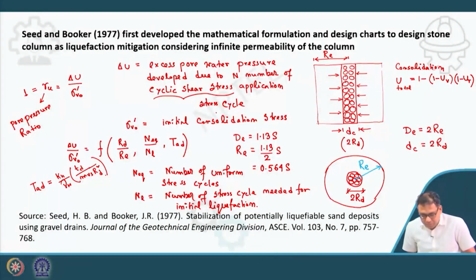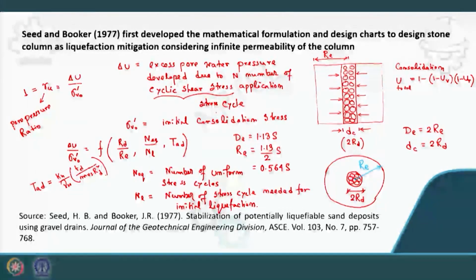Okay, so in my next lecture I will discuss that, because this is a function of these three terms. The first term is the spacing and radius, spacing to radius or radius to spacing. Second term is the number of cycles required to cause the liquefaction and the number of cycle applied or developed during an earthquake.